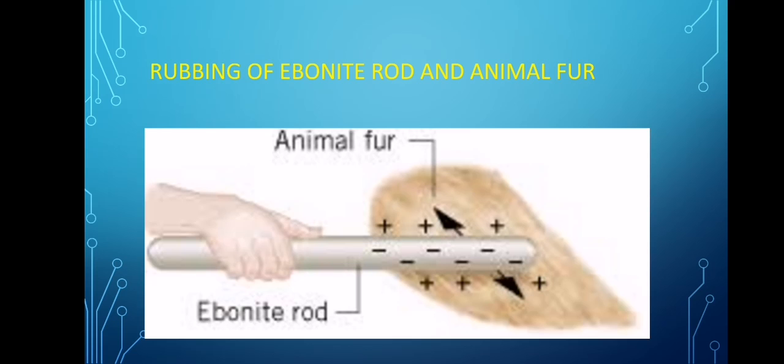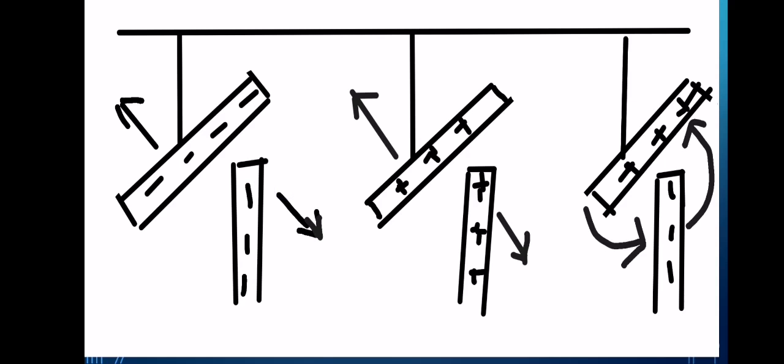Now, another observation has been made with the help of this ebonite rod and glass rod. When two ebonite rods that are negatively charged are brought near each other, they begin to repel each other. Secondly, when two positively charged glass rods are brought near each other, they again repel each other.